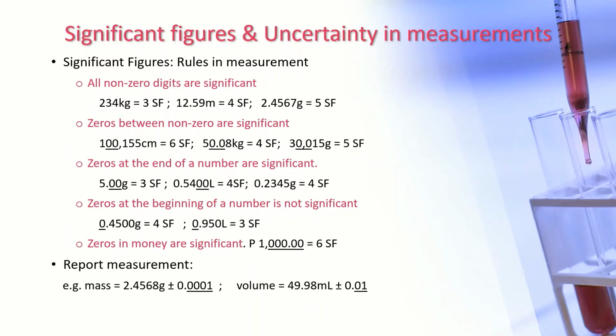So when you report mass, for example, 2.4568 gram plus minus 0.0001. In volume also, if the significant figures is two decimal places right after the decimal point, you have to report volume measurement as 49.98 ml plus minus 0.01.